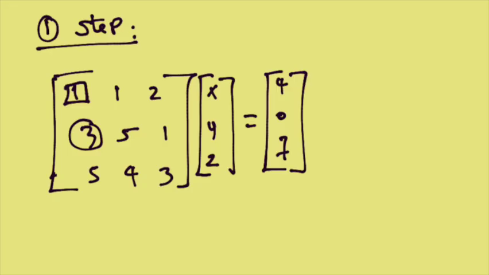So for step 1, we have row 2 minus 3 row 1. So that means we're going to multiply row 1 by 3 and subtract it from row 2 to get that 3 to 0. That's our point here. So let's do that.